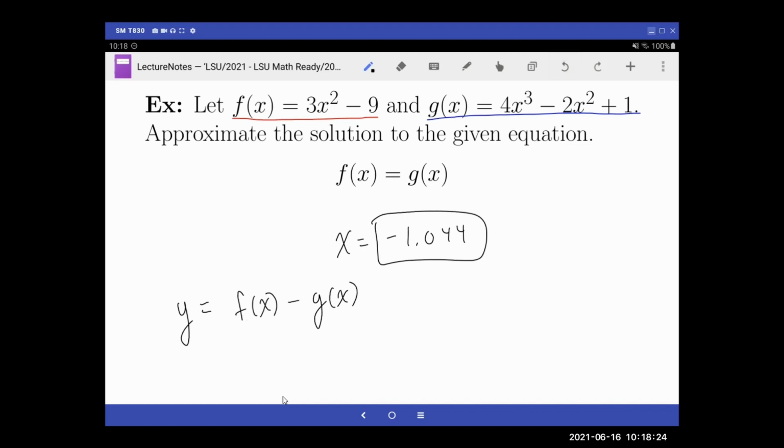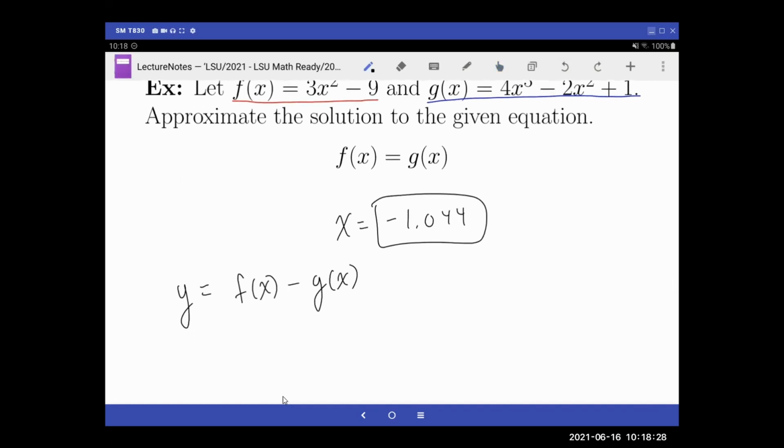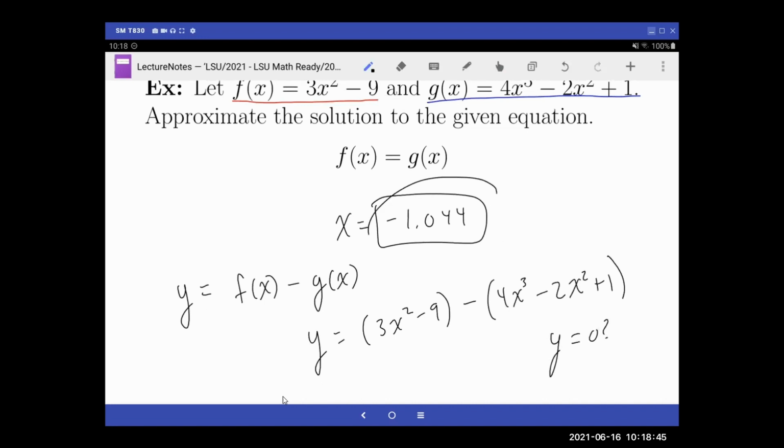So what I want to do is actually graph that out: 3x squared minus 9 minus (4x cubed minus 2x squared plus 1). I want to graph this where I'm subtracting them, and I want to see, where does y equal 0? I bet it's going to be at negative 1.044, right? Where the two equal each other.